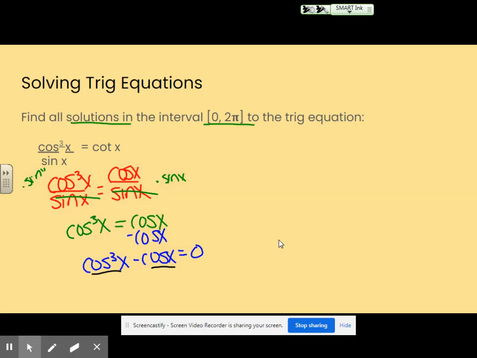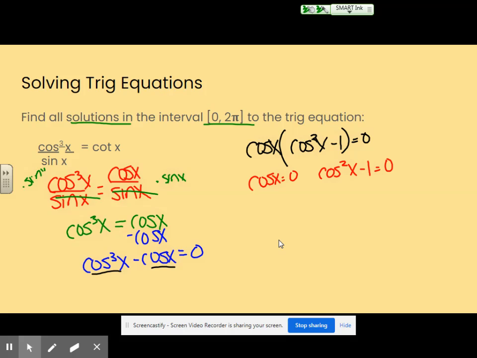I can pretty easily see that it is cosine x. So I'm going to factor that out from both of my terms. And just like before, I can set both of those terms equal to 0. So cosine x equals 0, cosine squared x minus 1 equals 0.